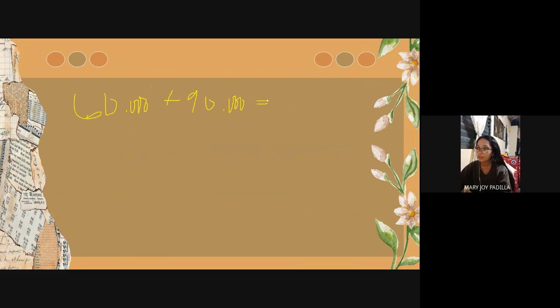So ipagpa-plus lang natin siya. Ang makukuha natin is 150,000.